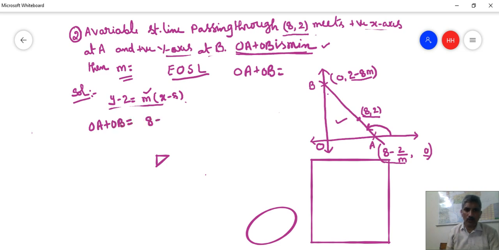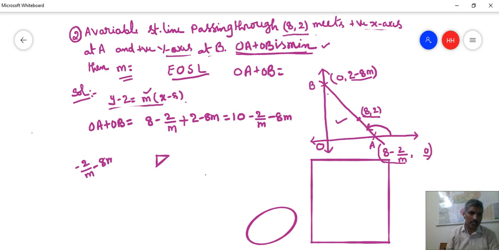OA is 8 minus 2 by m, and OB is equal to 2 minus 8m. Now this sum is equal to 10 minus 2 by m minus 8m. Yes or no? Now you can observe here, minus 2 by m minus 8m divided by 2 is always greater than or equal to the square root of minus 2 by m into minus 8m.